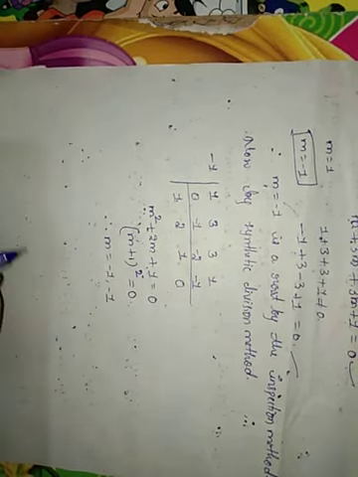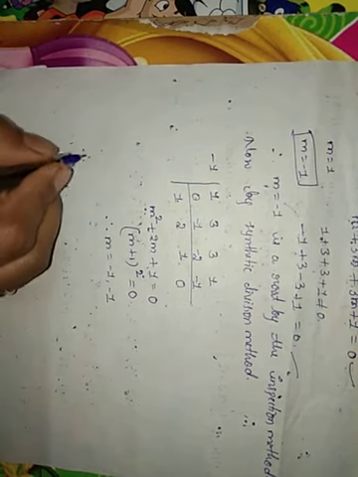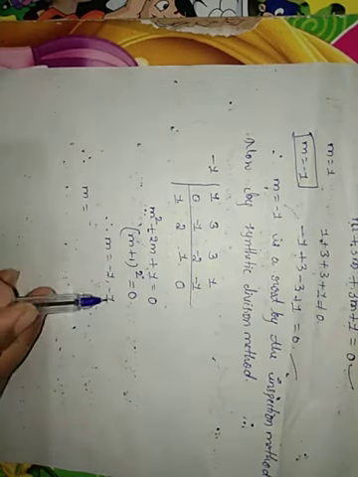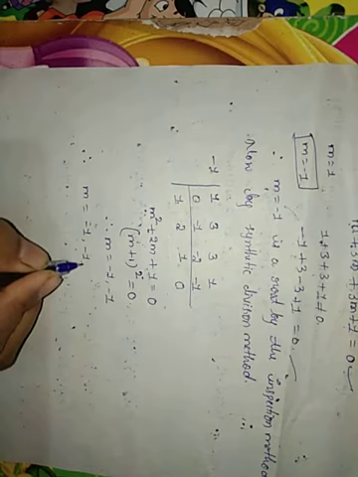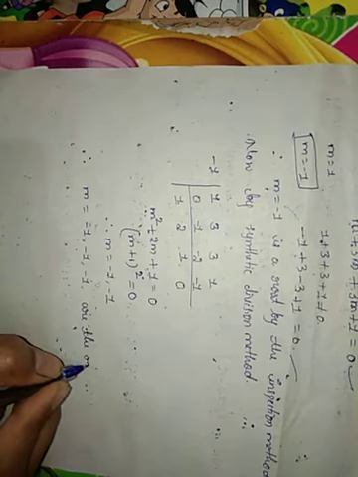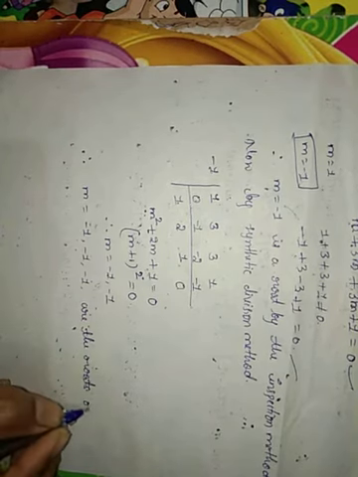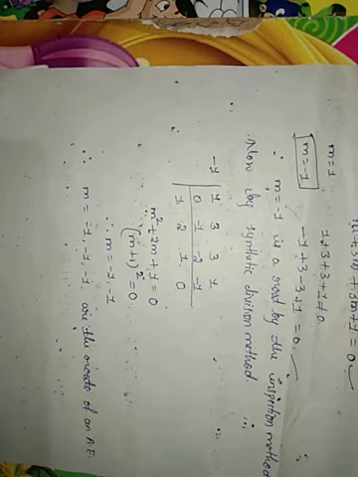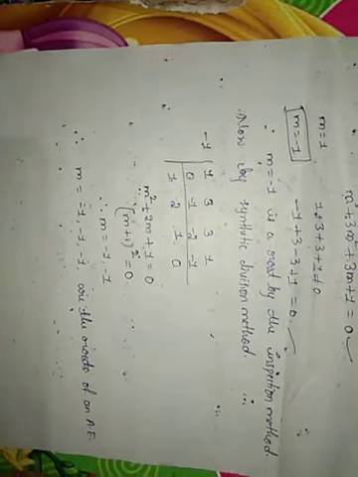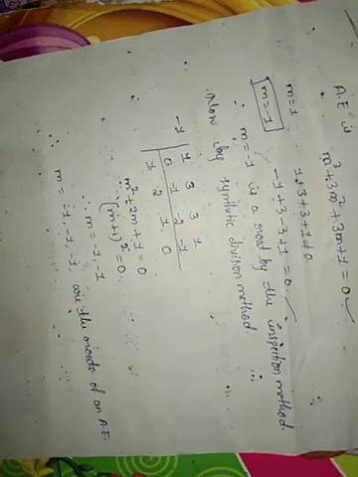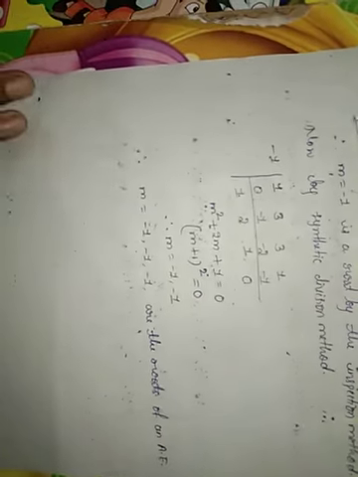So m equal to minus 1, minus 1, minus 1 are the roots of the auxiliary equation. Now we have to find the particular integral.